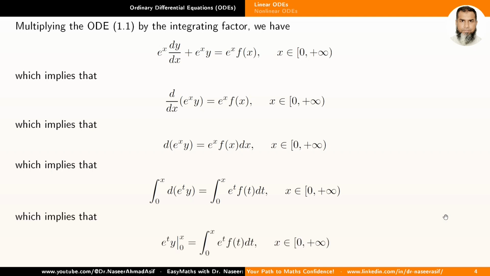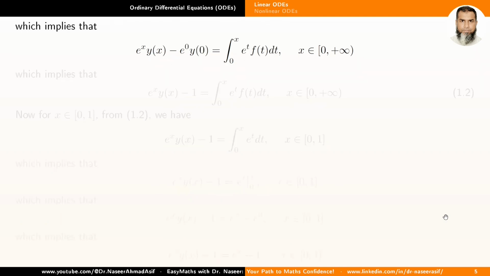So we have e^t y from 0 to x equal to the integral from 0 to x of e^t f(t) dt. So e^x y(x) minus e^0 y(0) is equal to the integral from 0 to x of e^t f(t) dt. So e^x y(x) minus 1 is equal to the integral from 0 to x of e^t f(t) dt, where x belongs to the closed interval 0 to plus infinity.